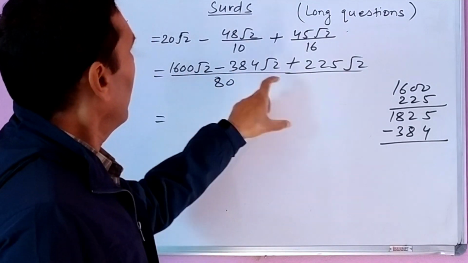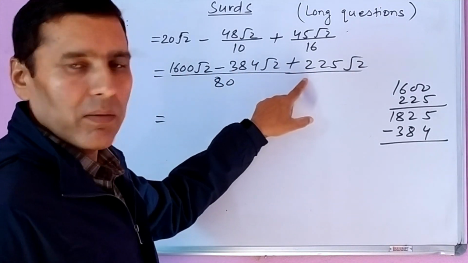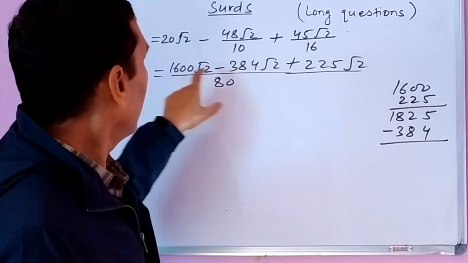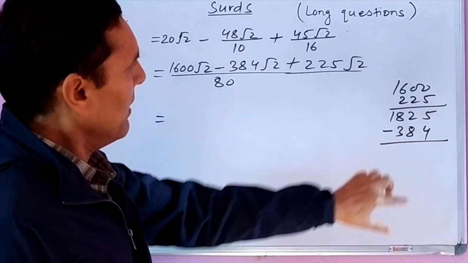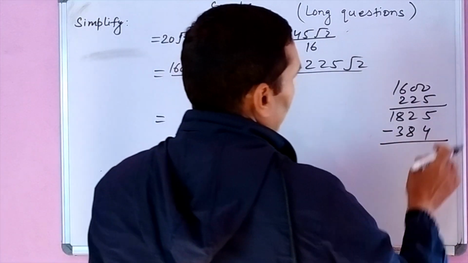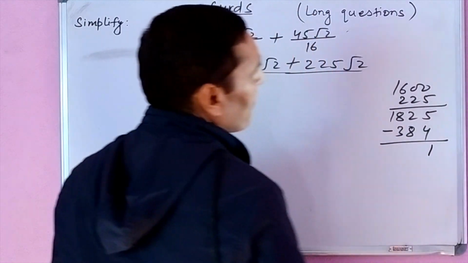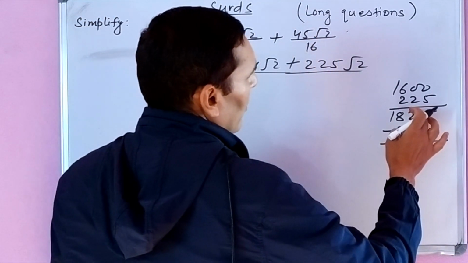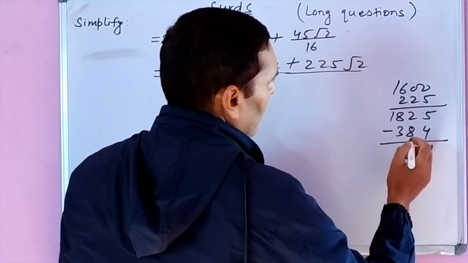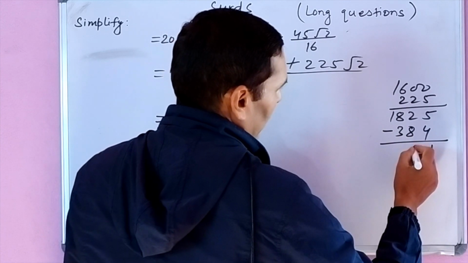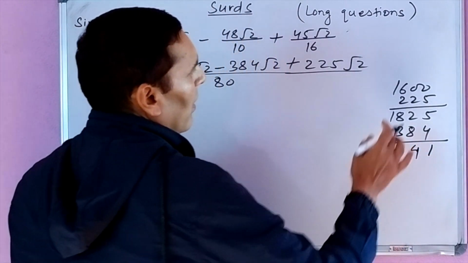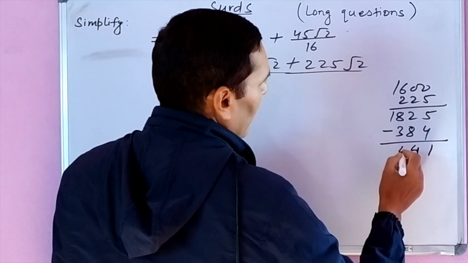We are just adding the coefficients because they are like terms, and root 2 is as it is. So when you subtract, 12 minus 8 gives 4, 8 minus 7 minus 3, 4.